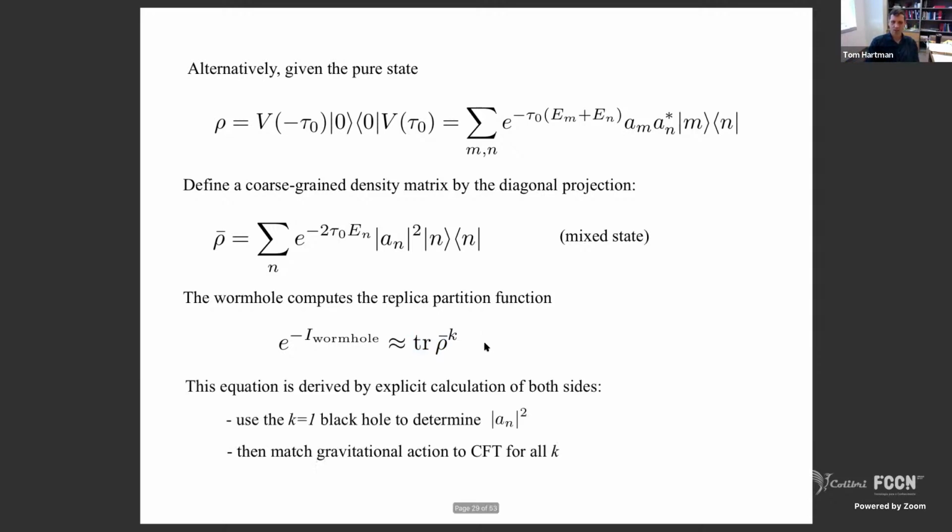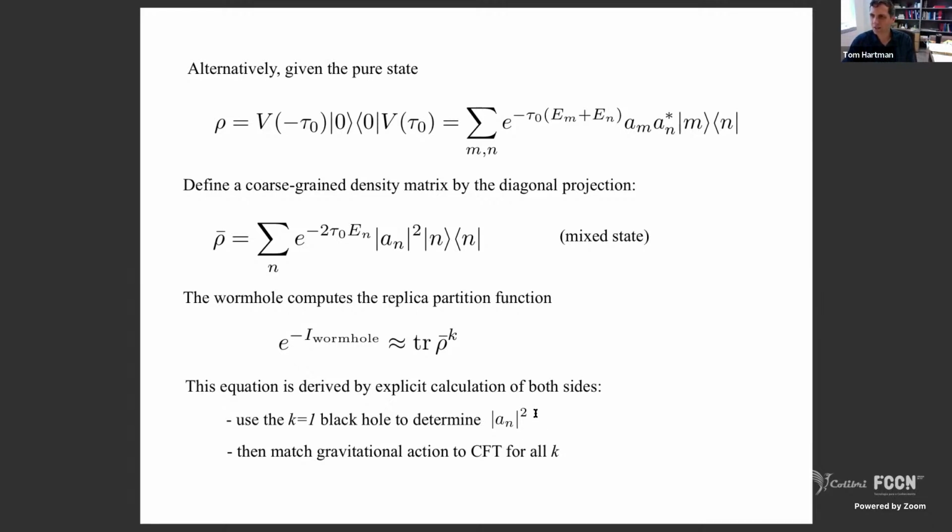So that's the basic relationship here. This equation is derived by explicit calculation of both sides. This is just something that we guess and confirm by calculation. We first use the pure state black hole to determine the expansion coefficients a n squared.